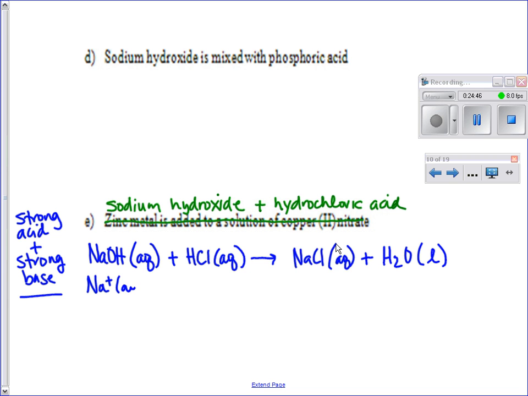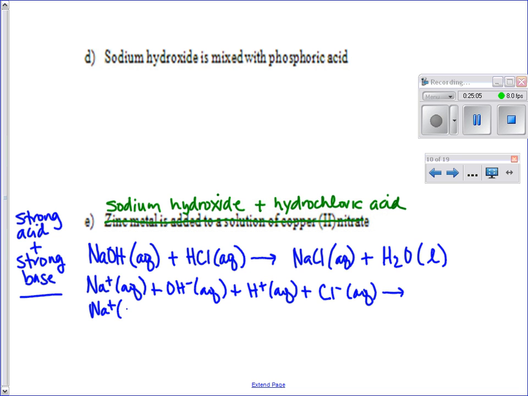So I'm going to go ahead and split up my ions. Na plus aqueous plus OH minus aqueous plus H plus aqueous plus Cl minus aqueous makes Na plus aqueous plus Cl minus aqueous. And then what do I do to water?